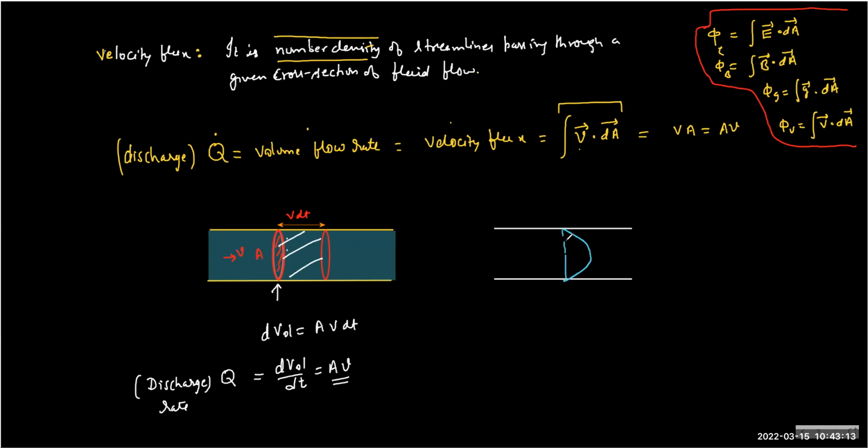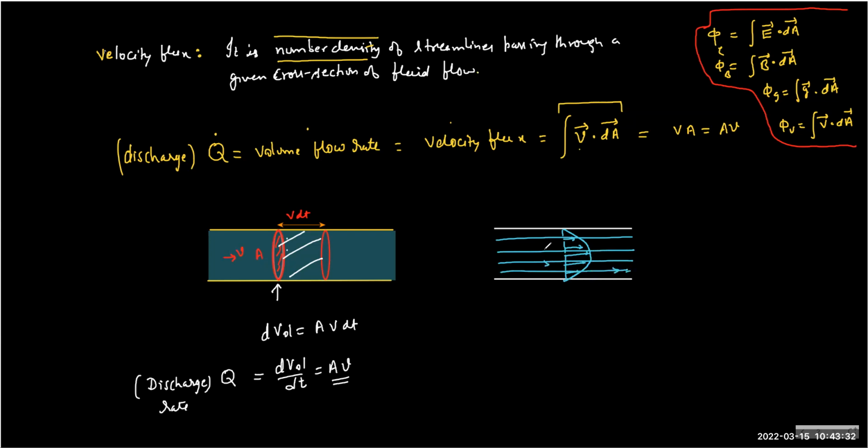So the velocity graph will be like this, which means the velocity will vary from the center to the wall of this tube or cylinder.